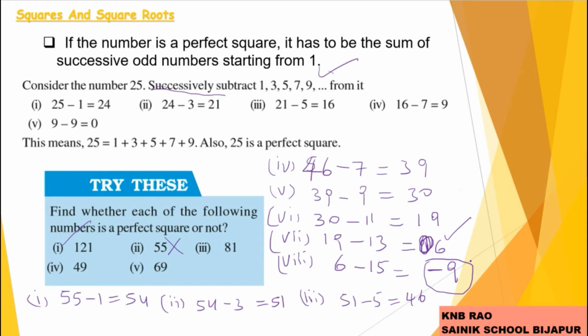When you add 9, it becomes the sum of the first 8 odd natural numbers, that is 64. So this is the method of doing. Similarly, you might have done the rest of the numbers. 81 is a perfect square, 49 is a perfect square, but 69 is not a perfect square.